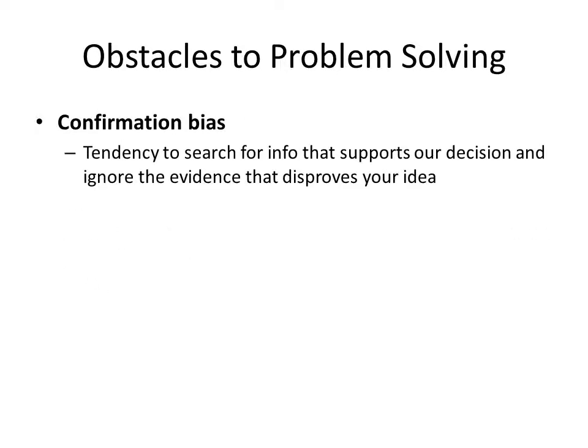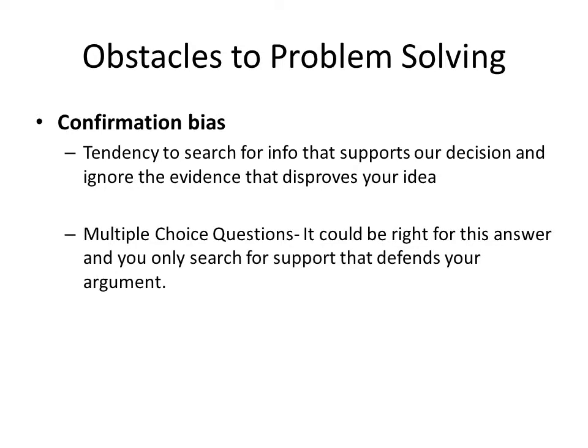First one is confirmation bias, which is the tendency to search for information that supports our idea and ignore the evidence for the other ones. You're so stricken that your idea is the right way that you only support your answer in terms of why it's right. With multiple choice answers, you only search for support that defends your argument.